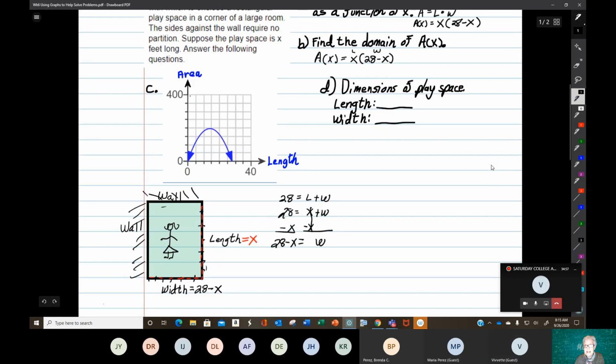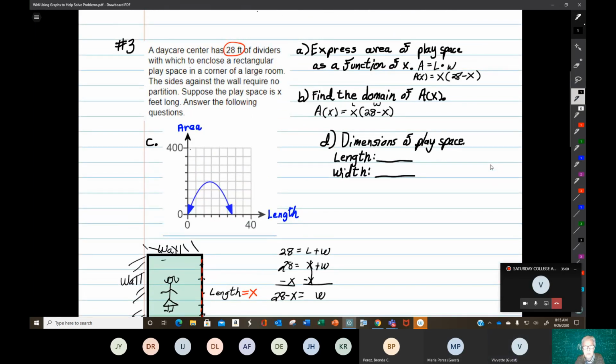So let's go back here and say, okay, what makes this problem not make any sense at all? It would be if x were 0, or if 28 minus x were 0. Neither one of them can equal 0, because you absolutely won't have any kind of play space if that's true. Well, if 28 minus x equals 0, we need to solve for x to find out what x should be.